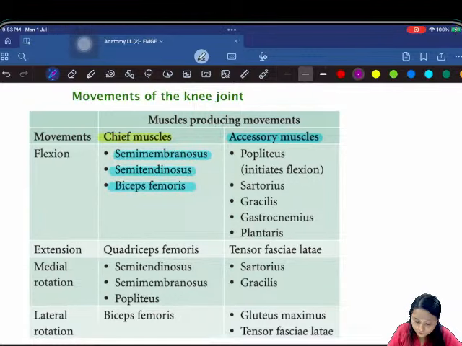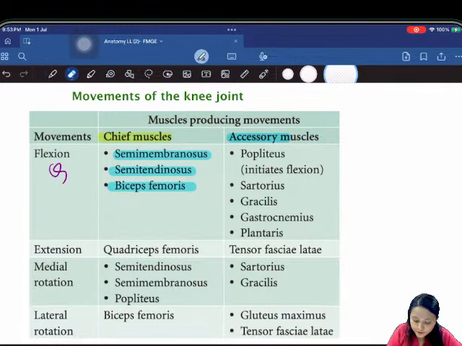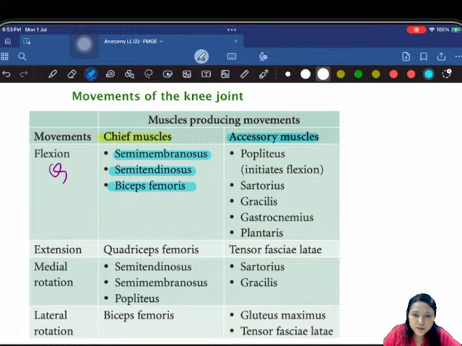Very, very important for exam. Flexion of the knee joint by semimembranosus, semitendinosus, and biceps. They might give you others also like popliteus, sartorius, but these are accessory muscles. So अगर accessory के बीच में chief muscle हो, then you have to tick mark the chief muscle.